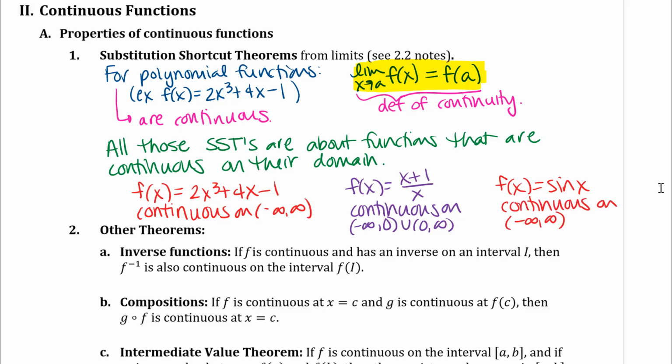So those results really come from those substitution shortcut theorems that we already had from before, just now connecting that to our definition of continuity. Okay, so that's really powerful and provides us lots of ways to check for continuity of functions.